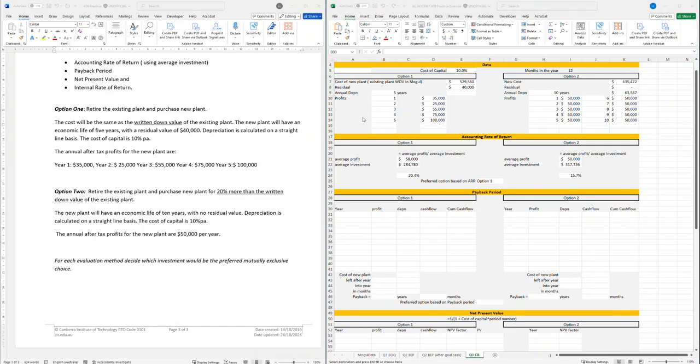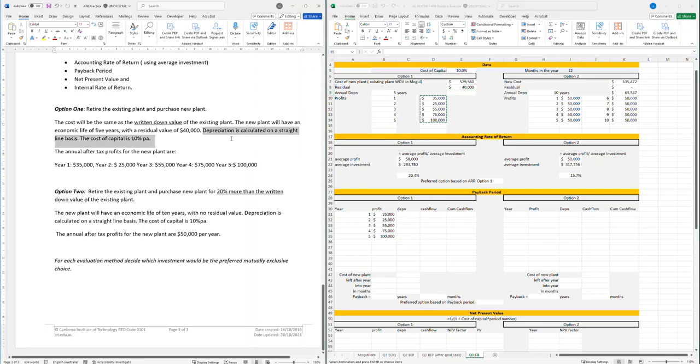For the 5 years for option one, our profit, which we've already determined, is this one. We've calculated the depreciation as well, have we? The annual depreciation, no, we haven't. So how would the annual depreciation be calculated? Depreciation is something I missed out.